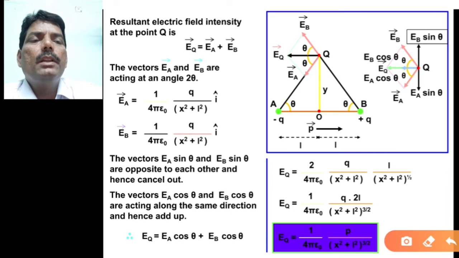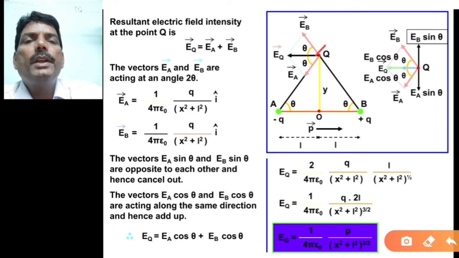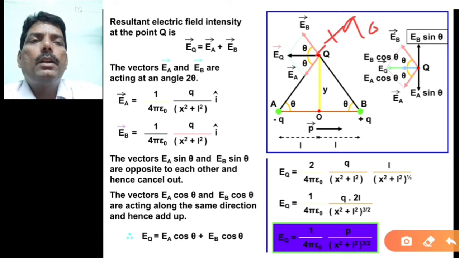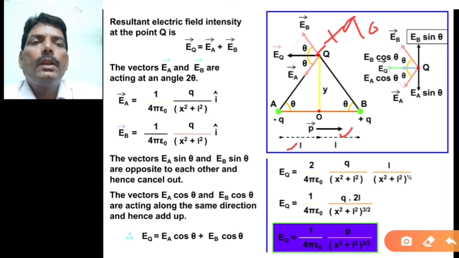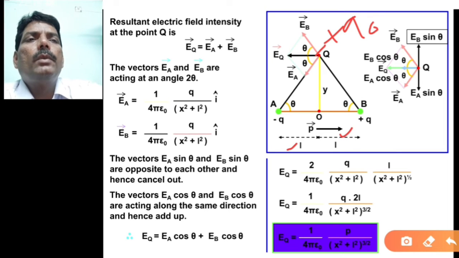Now see here, on the equatorial line I have taken the point Q. That means the test charge I will keep at this point Q, and I will join QO, where O is the center of the dipole. So ultimately you can say this length is L and this length is L. Similarly, this particular distance is Y that I have taken here.